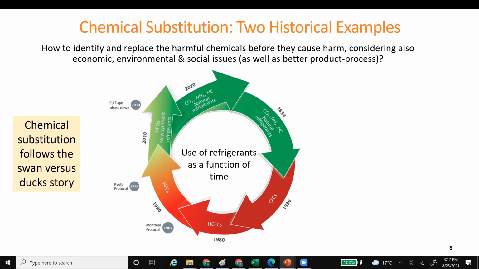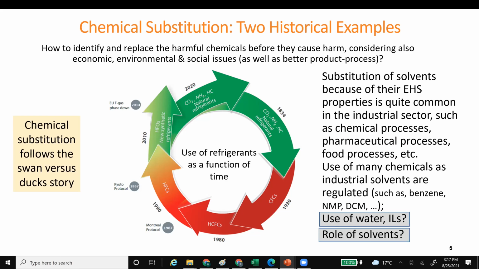And now we have gone to HFCs, which have a lower global warming problem, and it looks like we have better safety and better control. So we are going back. All the time, it looks like we didn't know something, and we thought we had the best solution, but we didn't. That reminds me very much of the swan and duck story that I had listened to and seen.